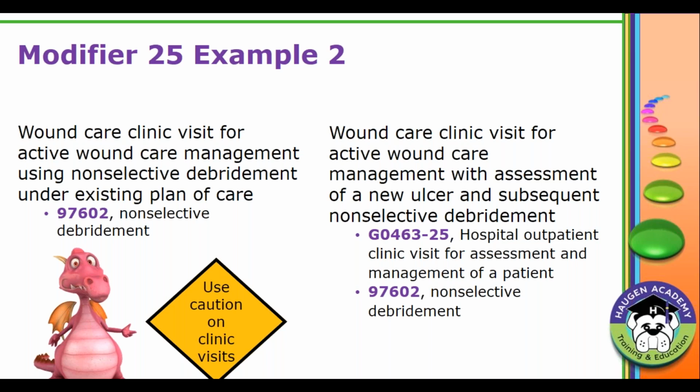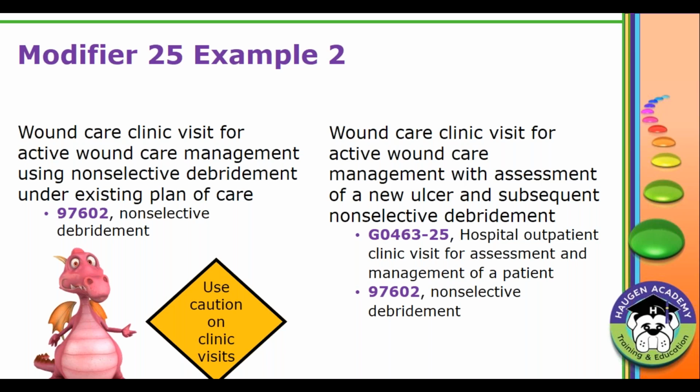But the wound care is something where if the physician and the staff is operating under an existing plan of care, you don't assign an E&M every time they come in. It's bundled into the fact that they know that there's an ulcer, they're treating the ulcer with non-selective debridement.